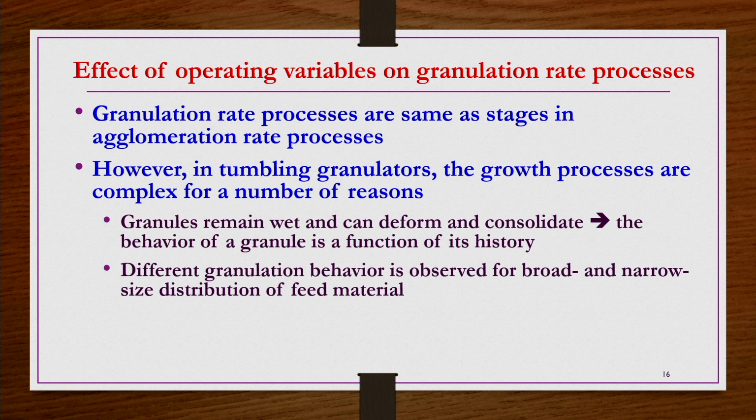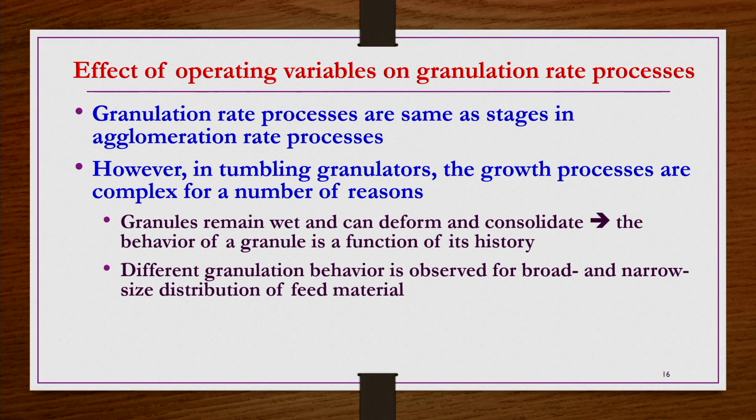If the feed material has a very narrow size distribution, then a different granulation behavior is seen. If the feed has a very wide size distribution, then the granulation behavior is found to be very different from the other case of narrow feed size distribution. So, this is another reason.